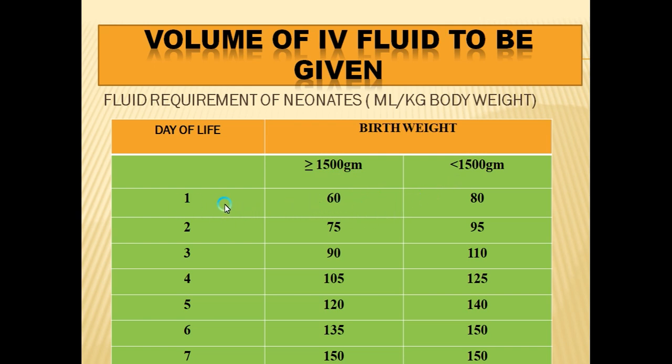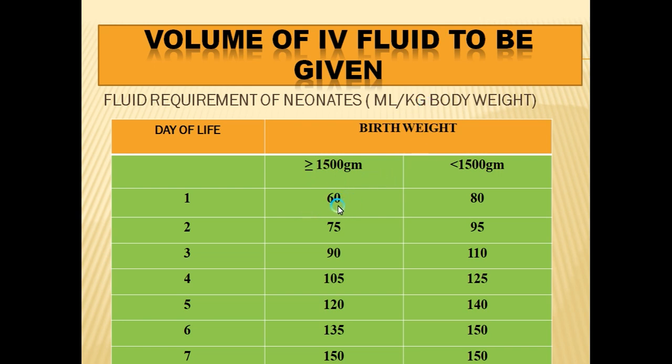Only these two things have to be remembered. So I will just read out. In day 1, babies who weigh equal to or more than 1500 grams require 60 ml per kg of body weight.